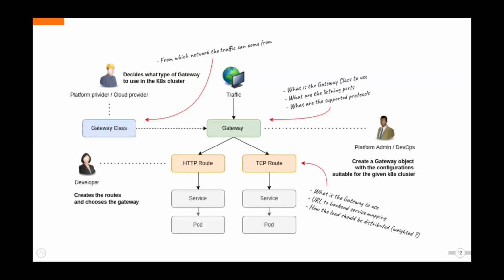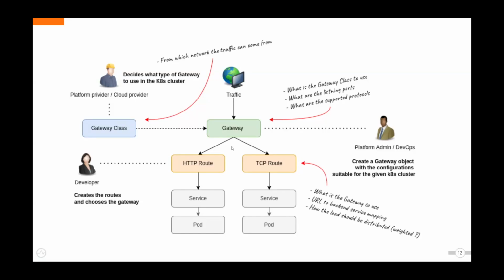So this whitelisting part is done by the platform provider. They choose what gateways and what applications you can use within this cluster or this organization. Then the platform admin is the one who will choose what gateway to use for this specific project, right? And then the developers, right? The developers will basically do the actual configuration. What are the routes, things like that, right? How the traffic comes in. Developers will know the application-related information, right? So that is the idea.